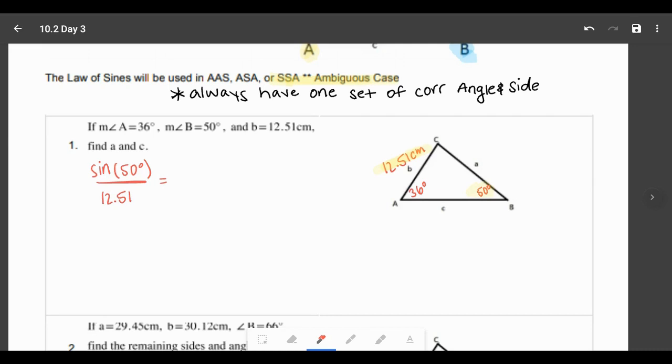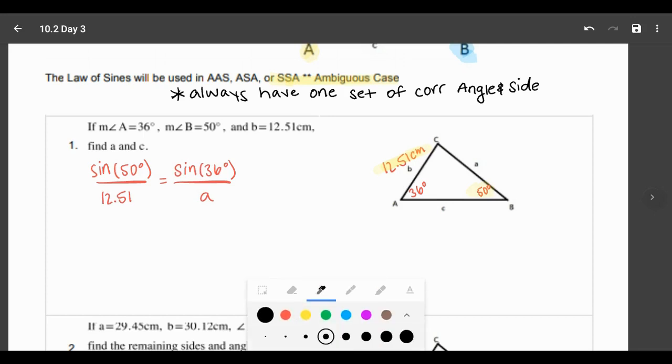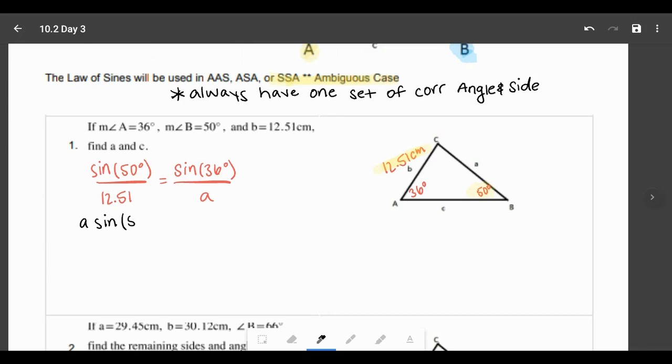Since I'm given angle A first, let's go ahead and solve for side A first. So sine of 36 degrees over missing A. From here, what I like to do is cross multiply, and then I like to solve for A algebraically first.